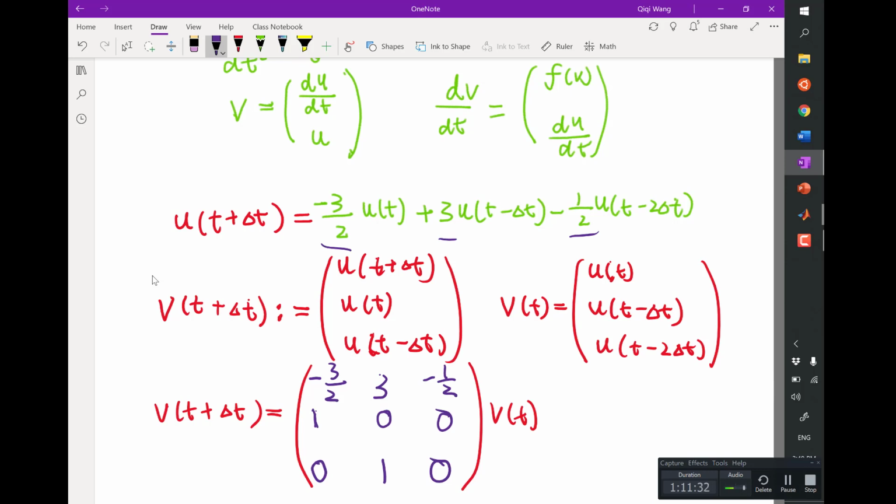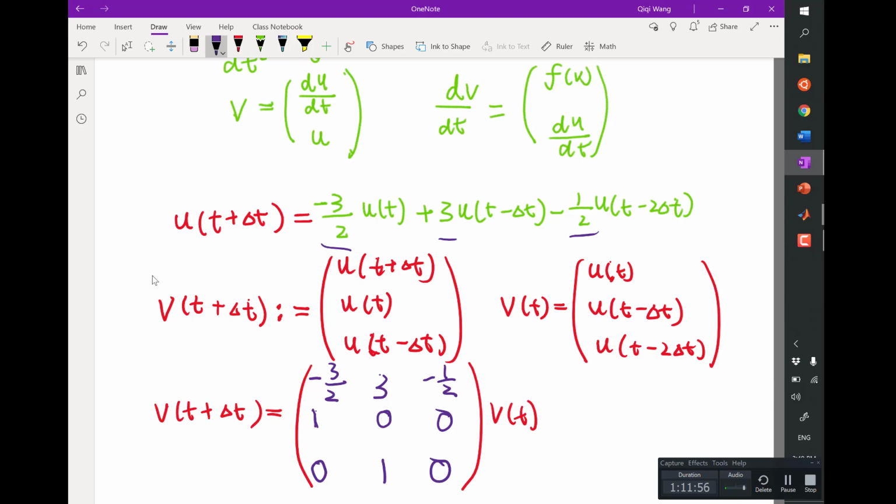And am I stable or not? It just depends on, right? If I apply this matrix again and again, right? So I know my V of, let's say if t is equal to 0, then V of delta t is equal to this times V0, right? And V of 2 delta t is equal to this squared times V at 0.